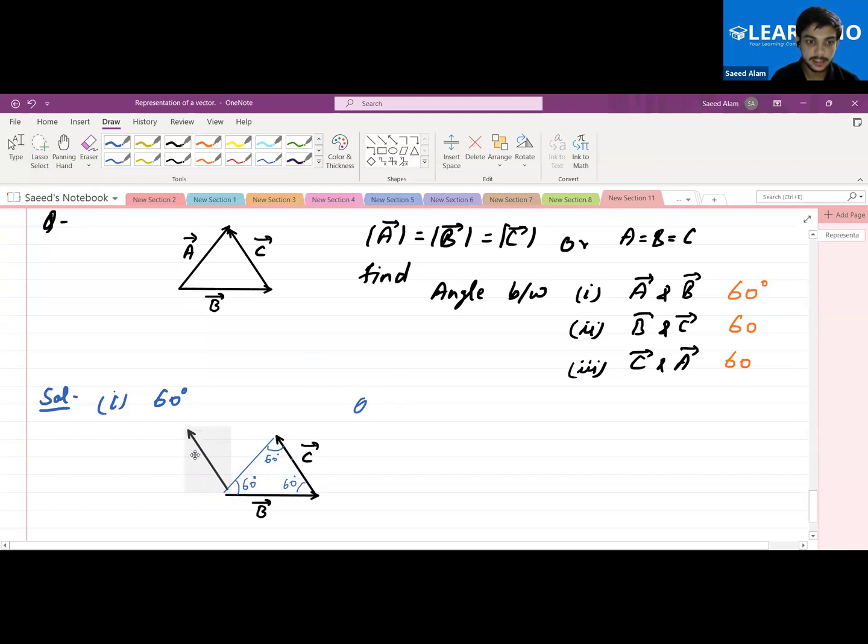I had just shifted it to this particular point, and I think I should shift it a little more.